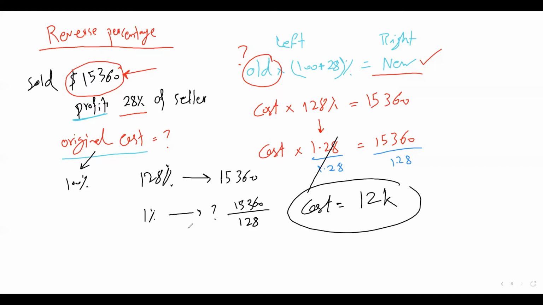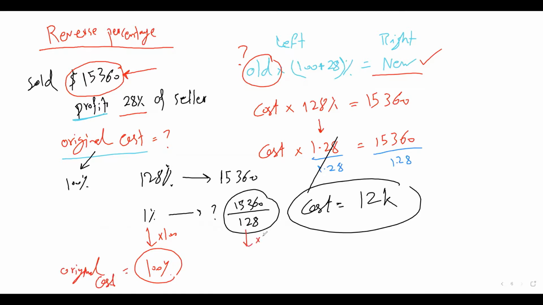And therefore, because 1% is this much, and the original cost was 100%, if I multiply everything here by 100, I get the 100%, which is the original cost. Here, if I multiply it by 100 as well, I get the value of the original cost. So this is 15,360 over 128 times 100, and that would be 12K as well.